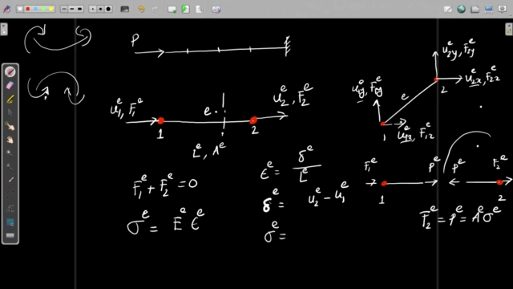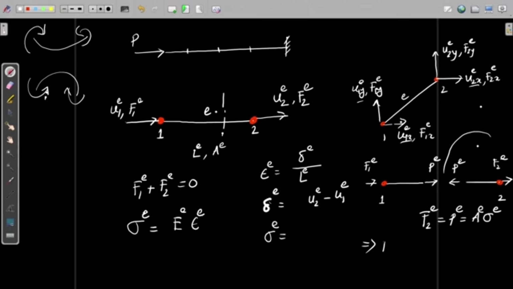So now we are almost done. From this expression, this is the definition of stress, right? Then what next can we do?